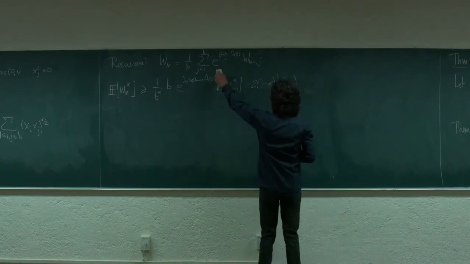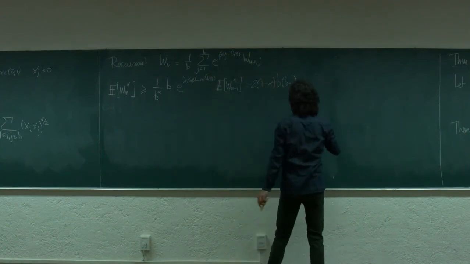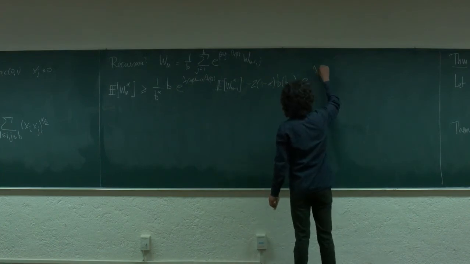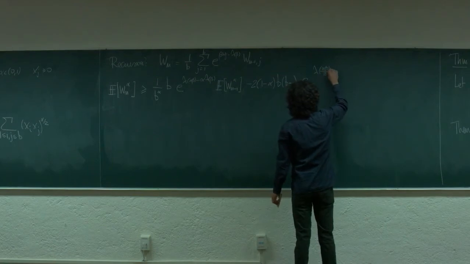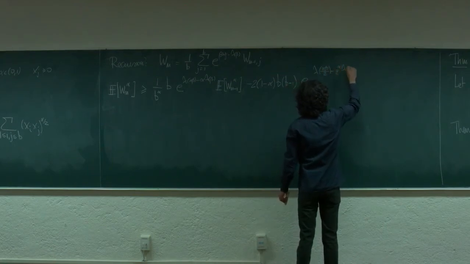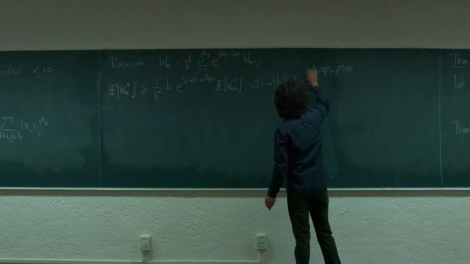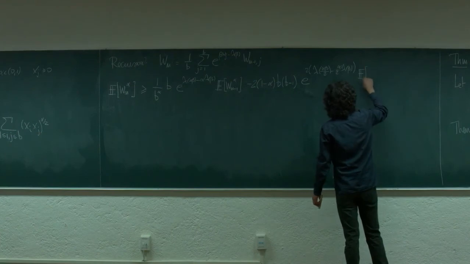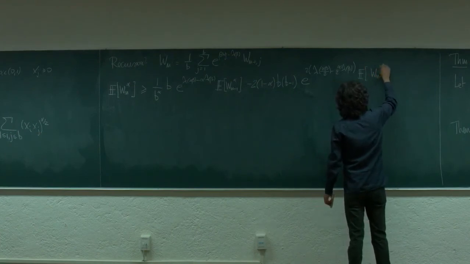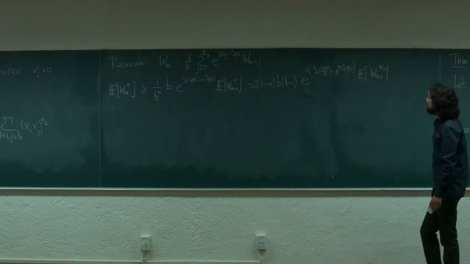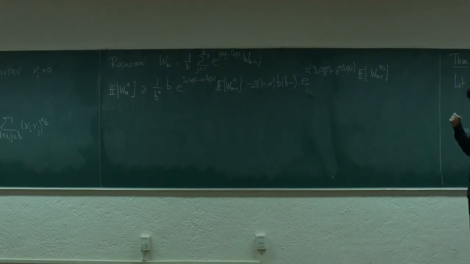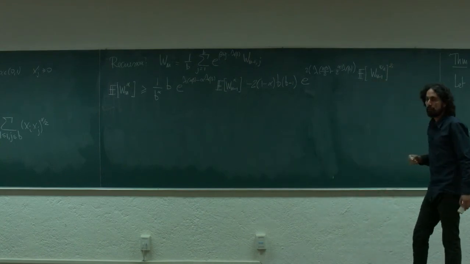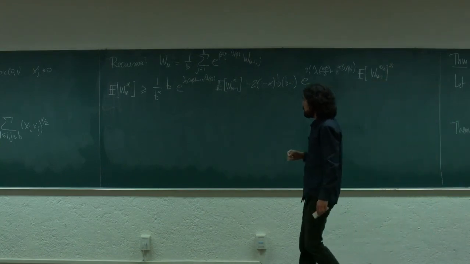So first, the piece that comes from 2 copies of this random variable, what you get is exponential of, so you don't have to forget the 1/2, and this is squared because we have 2 of them. And next comes the fractional moment of W_{n-1}, but now it's power alpha over 2, and there are 2 of them, so we have a square.